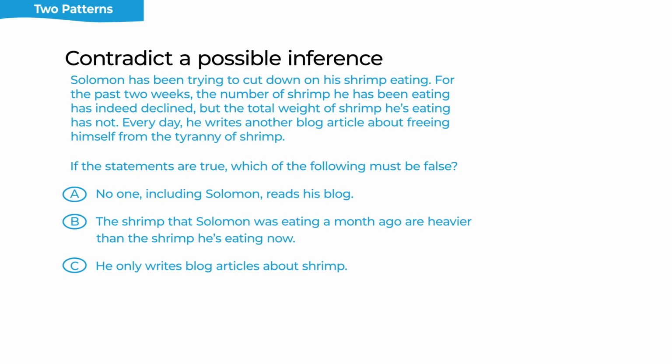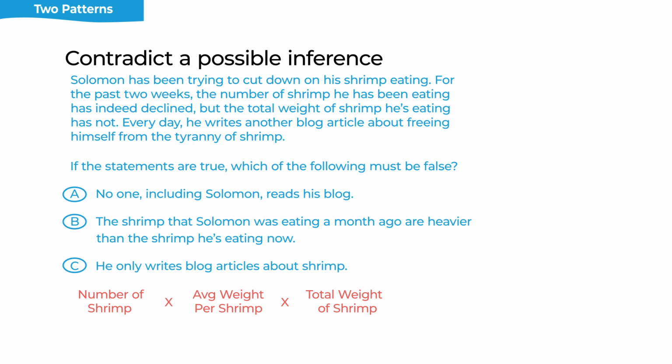A could be true. B says that the shrimp he was eating a month ago are heavier than the shrimp he's eating now. Well, that actually is contradicting something we know. There was a comparative relationship there that the number of shrimp has gone down, but the total weight of shrimp has not gone down. If we think about the math involved, your total weight of shrimp is just how many shrimp you ate times the average weight per shrimp.